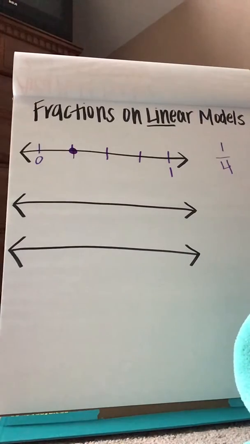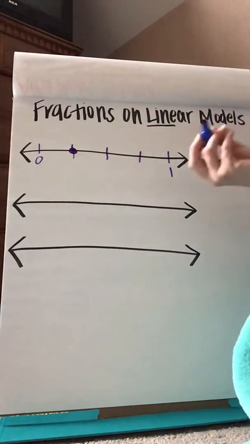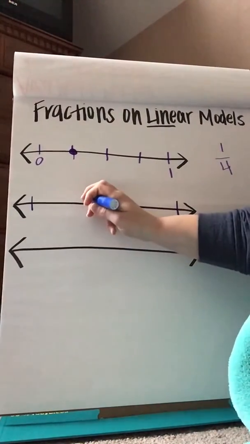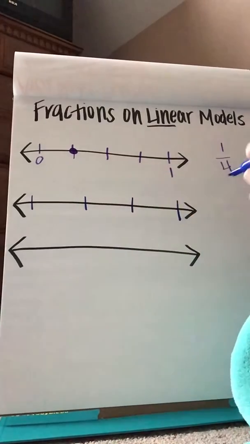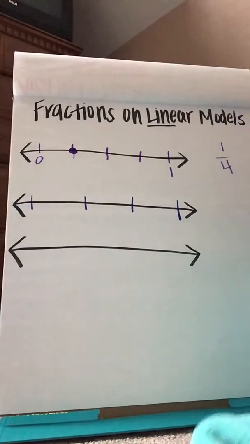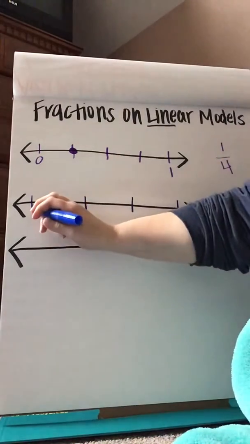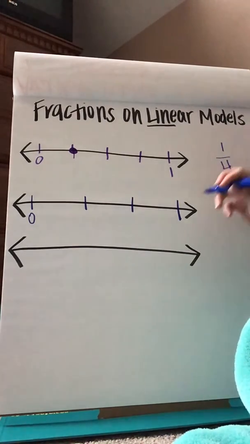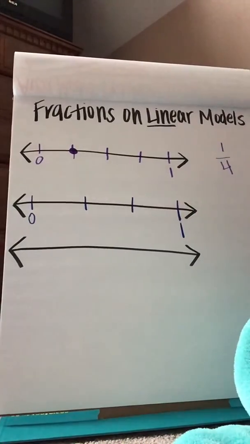Okay? So then, like I was saying, sometimes they are going to give you a number line that has lines on it already, and then it's going to be up to you to fill in the missing numbers. So at the beginning of every number line, you're always going to have a 0, and then if it gives you this and tells you to fill in the missing fractions, then this is going to be your 1, okay?